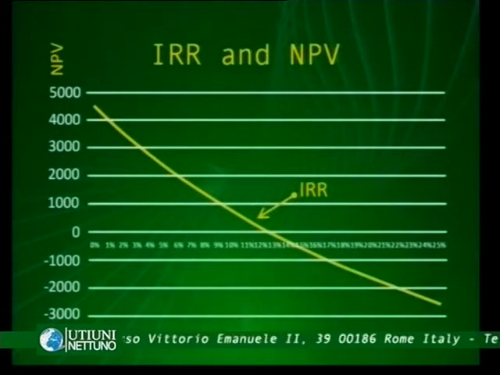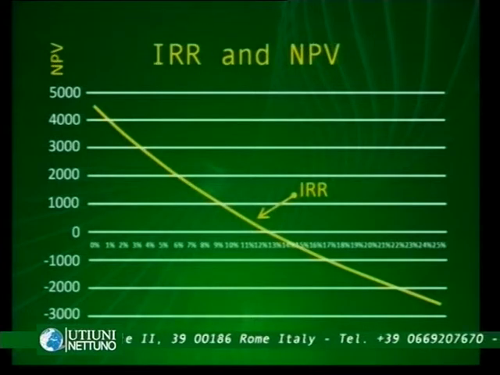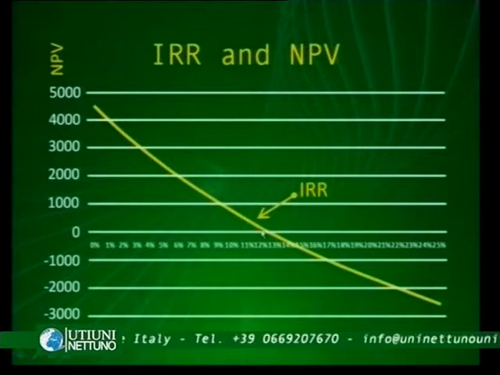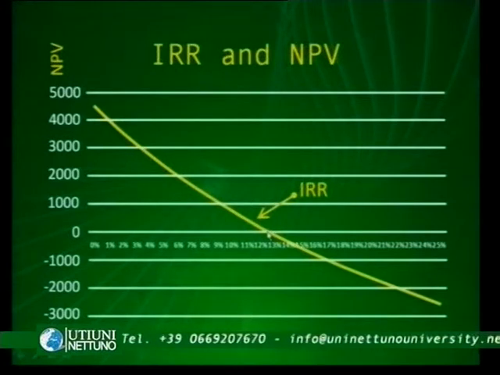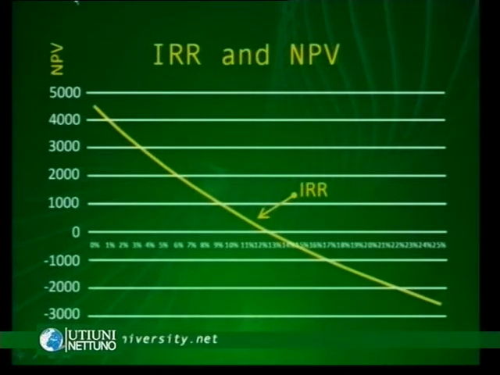This formula can also be interpreted from a graphical point of view. What we can see here is that the IRR is exactly the point where the NPV curve intersects the x-axis in this graph. Again, this is a graph that we have already seen in the previous class.